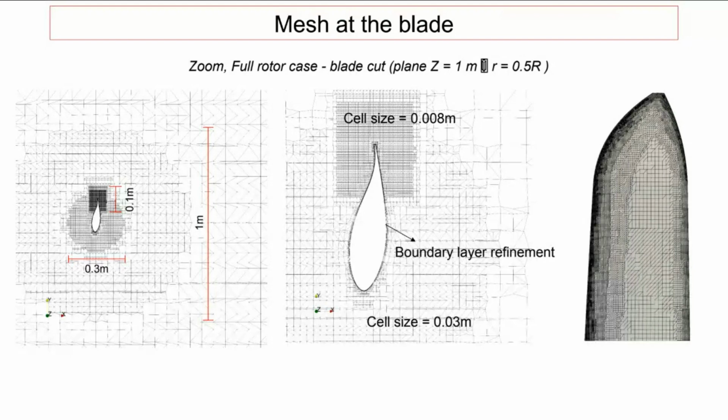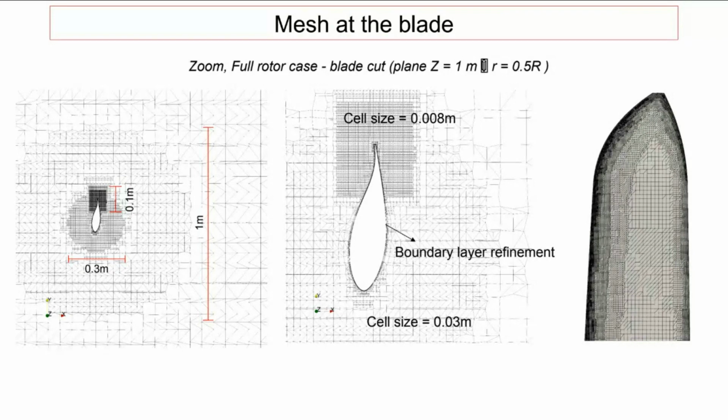You see the blade, the mesh is refined with a few layers of refinement, catching all the geometry automatically using the curvature, and we also add the boundary layer refinement to better resolve the boundary layer at the wall, and some more levels of refinement around the blades to have resolution of the flow in all parts of the field near the blade.